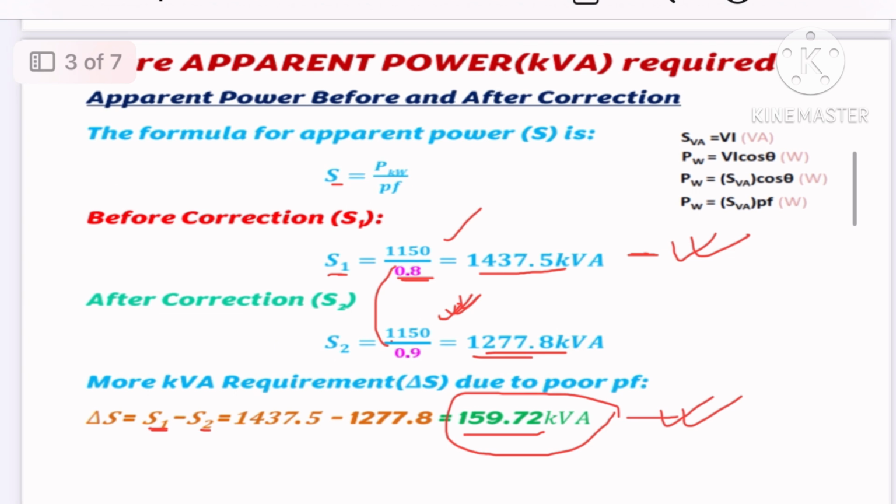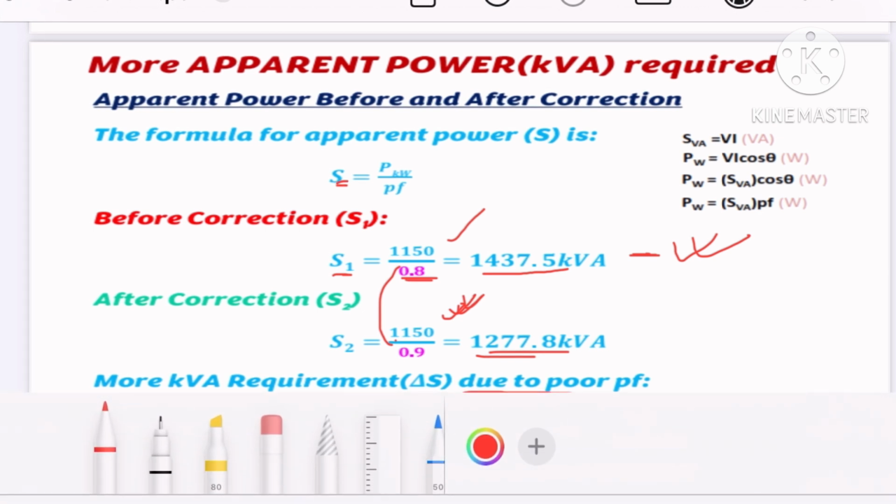The first point I mentioned is that we require more apparent power when there is a poor power factor. As we know, apparent power is equal to active power divided by power factor.